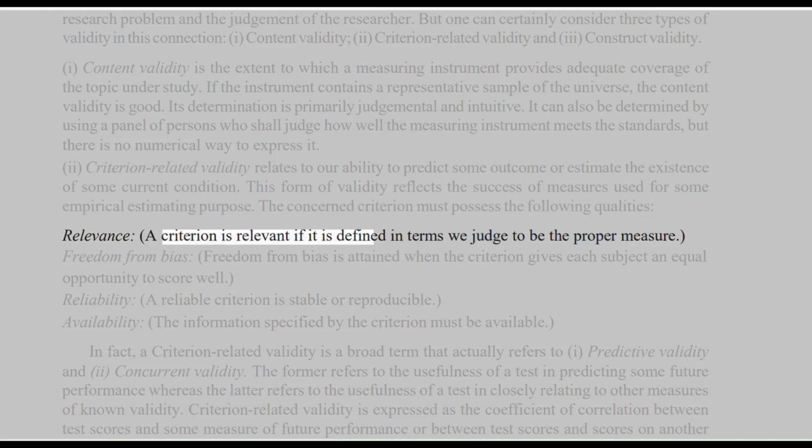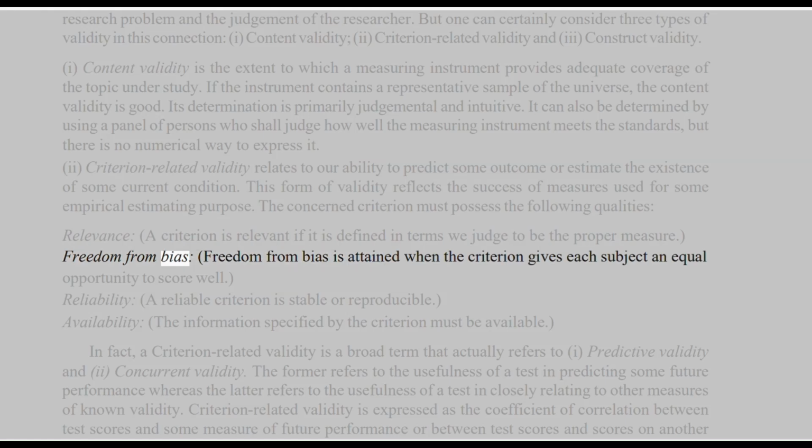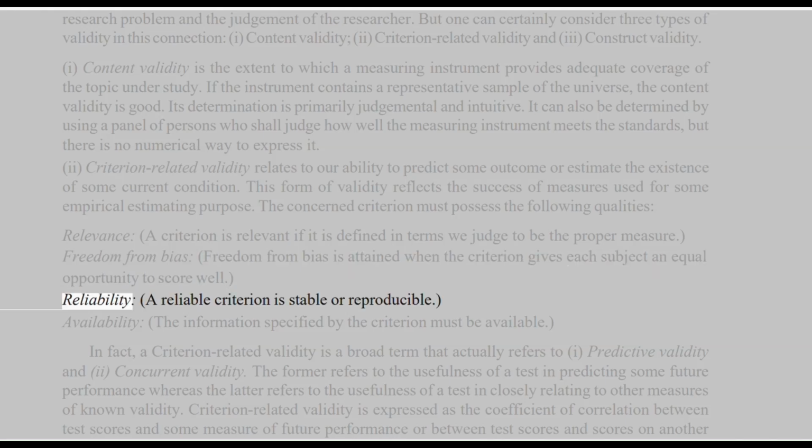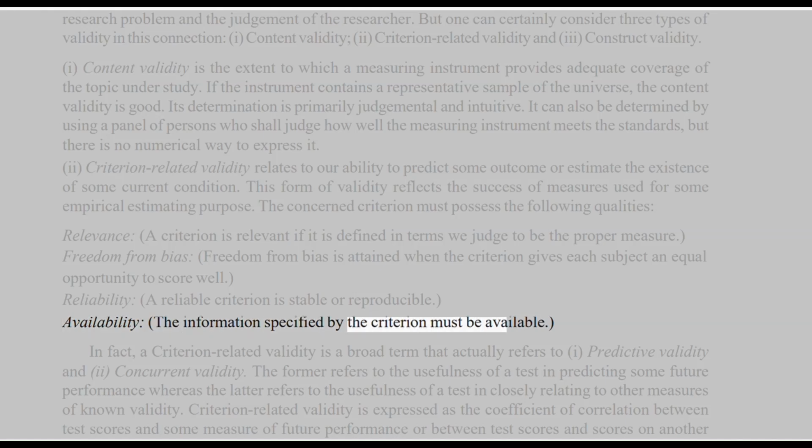A criterion is relevant if it is defined in terms we judge to be the proper measure. Freedom from bias. Freedom from bias is attained when the criterion gives each subject an equal opportunity to score well. Reliability. A reliable criterion is stable or reproducible. Availability. The information specified by the criterion must be available.